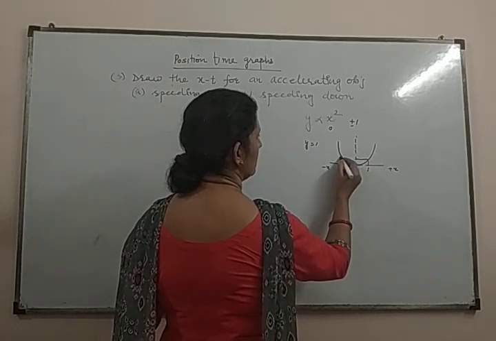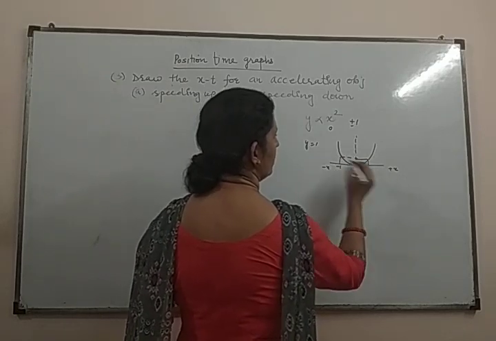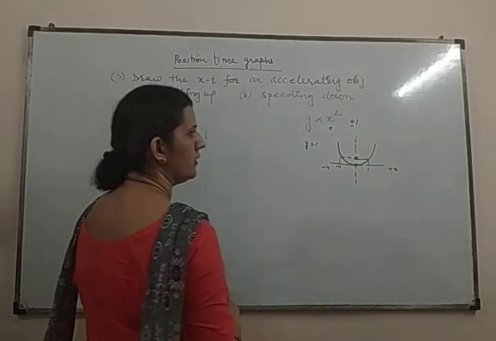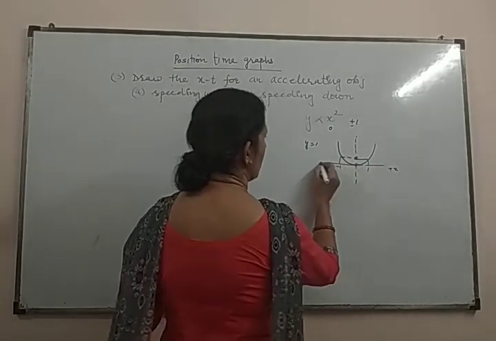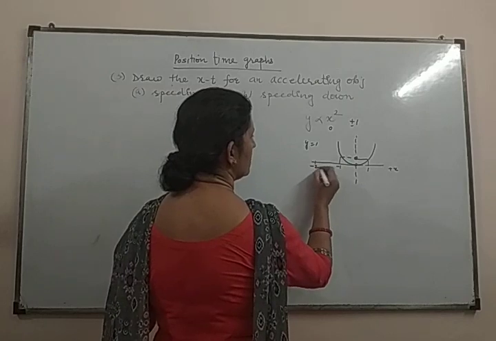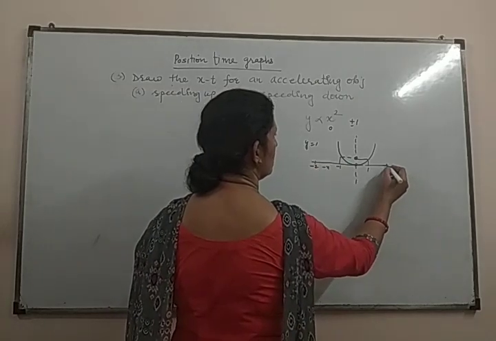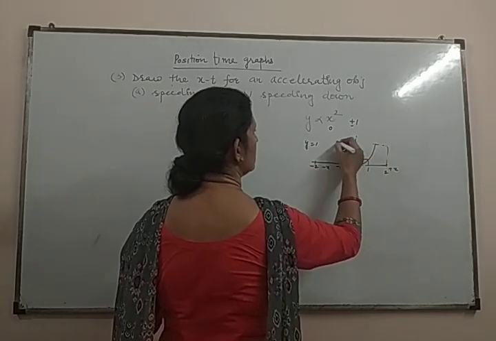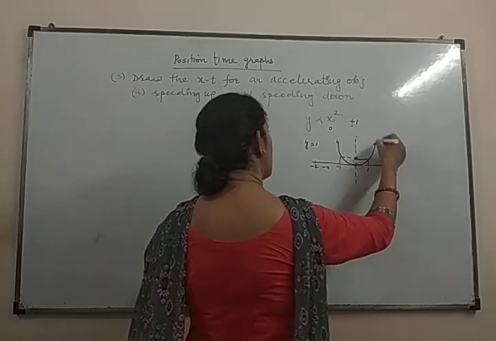Similarly here, for minus 1 and for plus 1, y has only one value. For minus 2 and plus 2, you have two values like this. This is a parabolic graph.